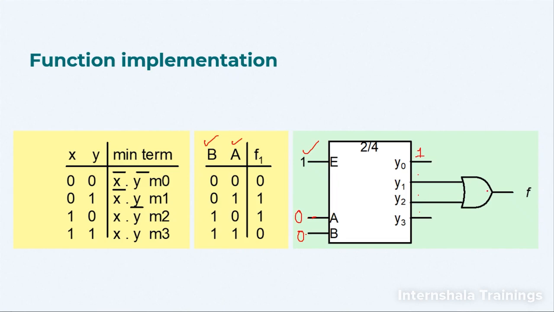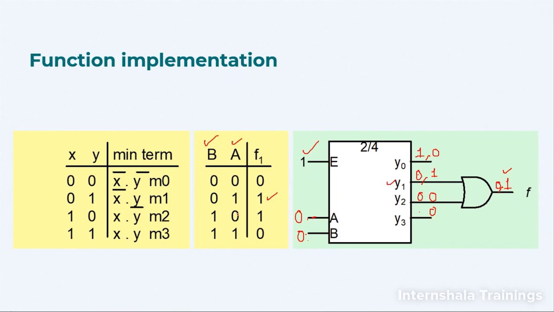So what is going to be the output of the OR gate? 0 OR 0, that means 0. When I give 0, 1, y1 will be high. So now this is high, this is still low, this one is also low and this is anyway low. But the OR of 1 and 0 makes f equal to 1.